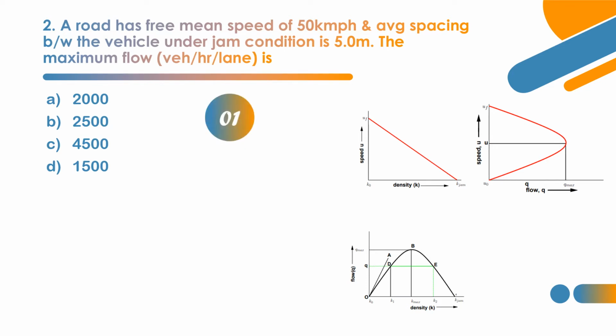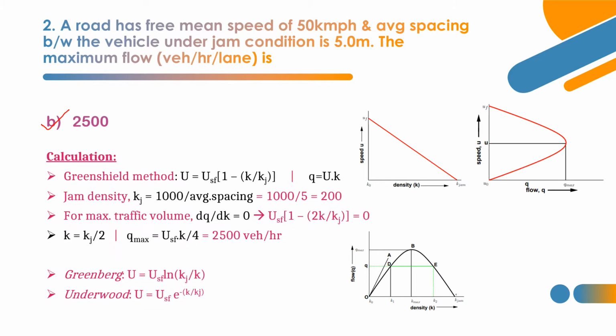They have given two data: 50 km per hour, and the spacing in jam condition is 5 meters. So the correct option is option B, 2500 vehicles per hour per lane. Now let's see how it is calculated. The Greenshields method is nothing but this formula.